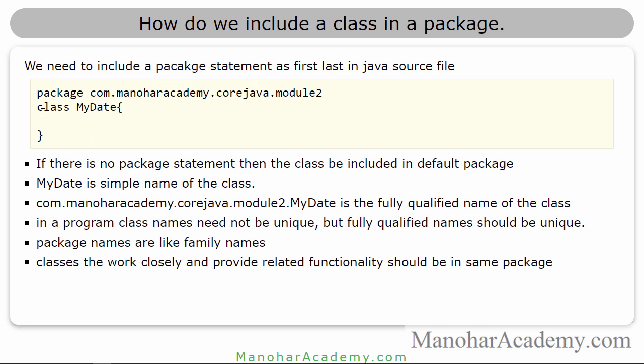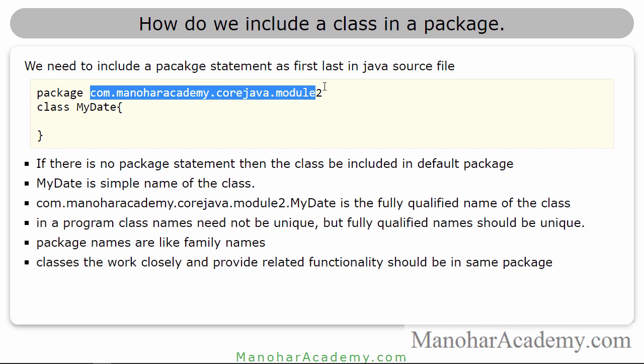So whenever I am creating a class, I am going to include that class inside a package. Here the package is something like a folder. I have my own folder and I am going to include my classes in my folder, and whatever classes you are creating, you keep in your own folder. The other developer will be keeping his classes in his own folder.